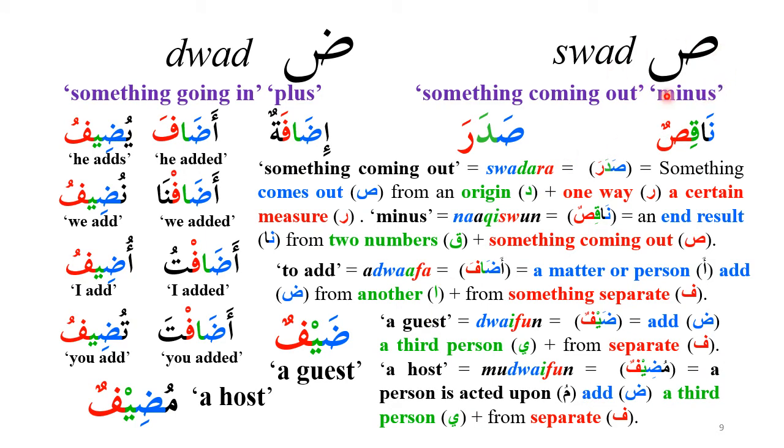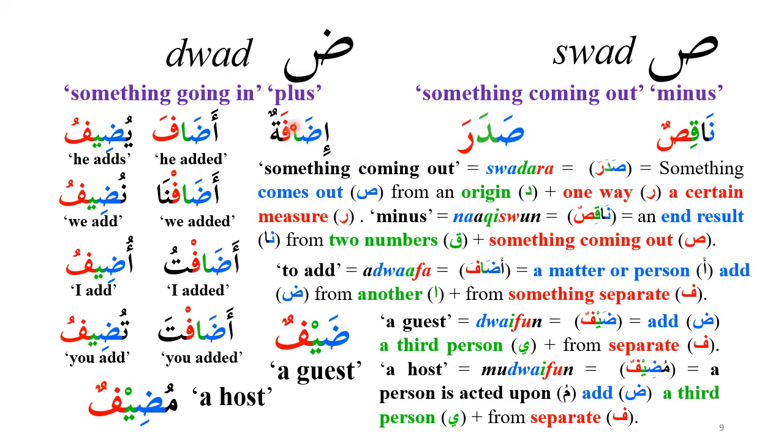So if swad means something coming out, a similar concept is minus. Minus is nakis. Nakis means minus, and then plus is izafatun, which is dwad. So this single dot usually would mean the exact opposite. Exact opposite. So if swad means minus, dwad would mean plus.